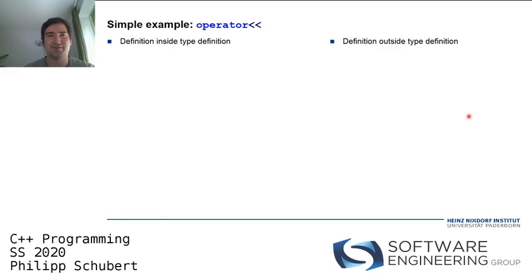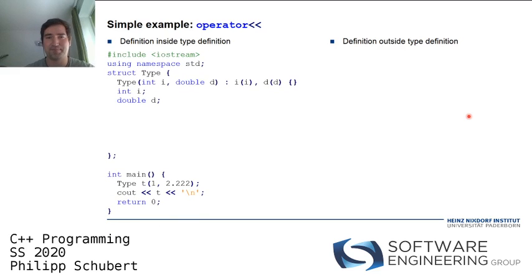And now let's have a look at a concrete example. What you could do is define yourself a type using the keyword struct, of course, and your type can have two member variables, i and d. You give that thing a constructor which receives two arguments, an integer i and a double d, and you fill in the internal i and d with the i and d of the parameter list using the constructor initializer list.